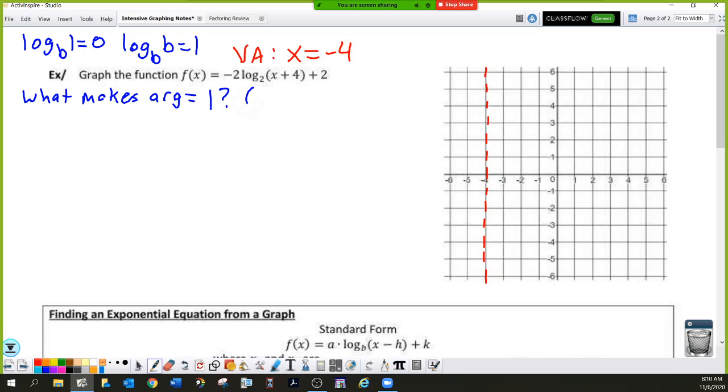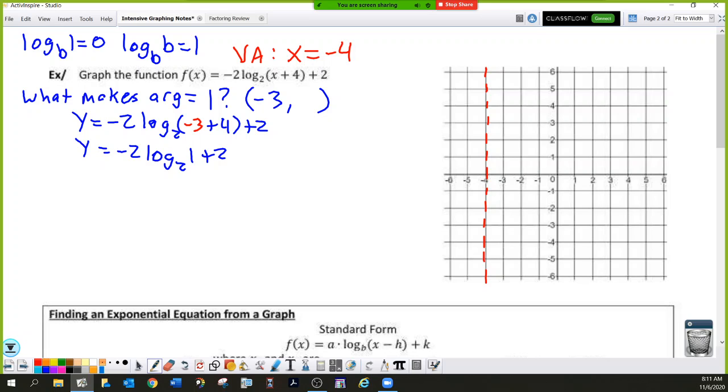-3. -3 does. So let's see what we get when we plug in a -3. We get -2 log base 2 of -3 plus 4, plus 2. So y equals -2 log base 2 of 1 plus 2.